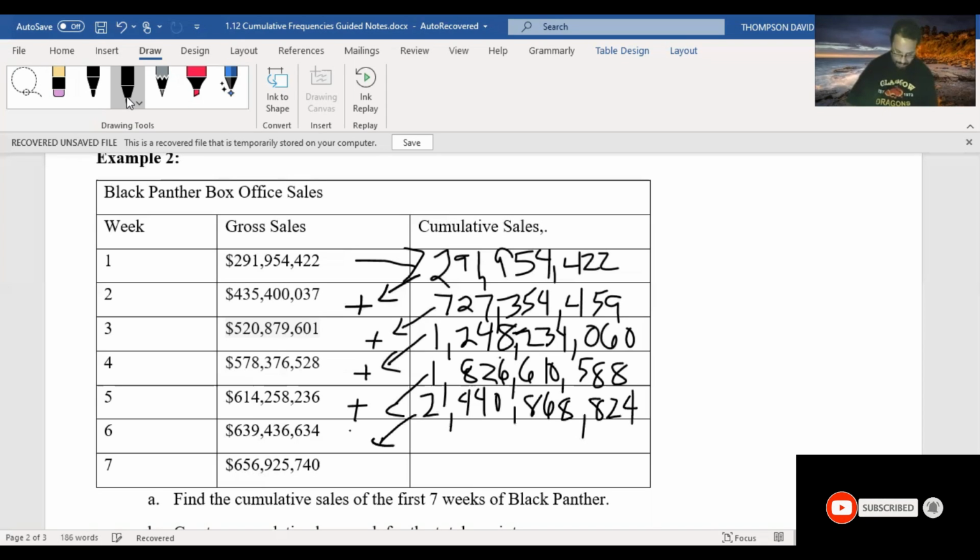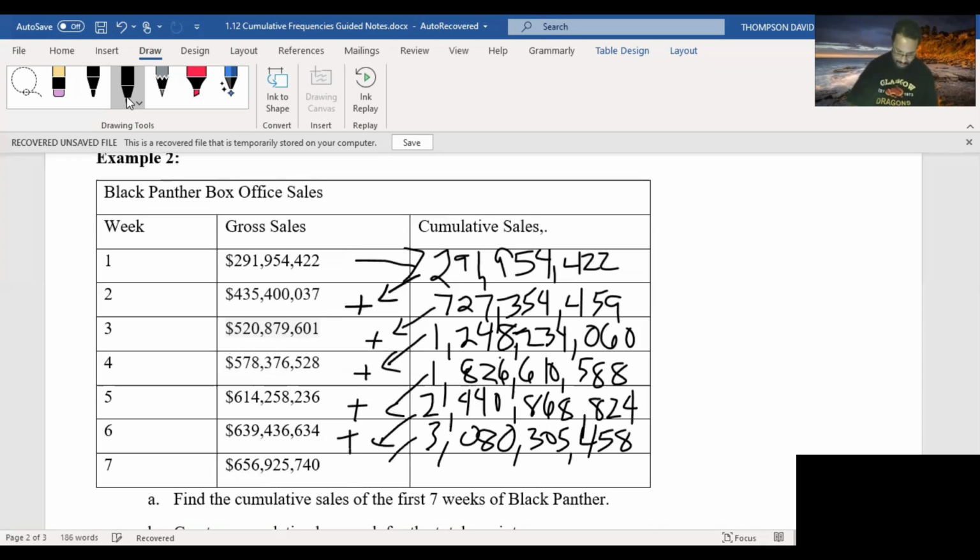Add in week 6, so 639,436,634, because we break 3 billion, so $3 billion, 80 million, 305,458.